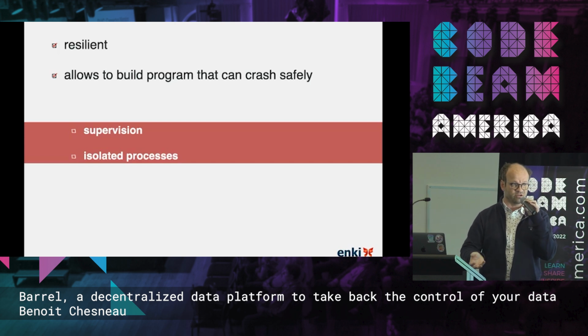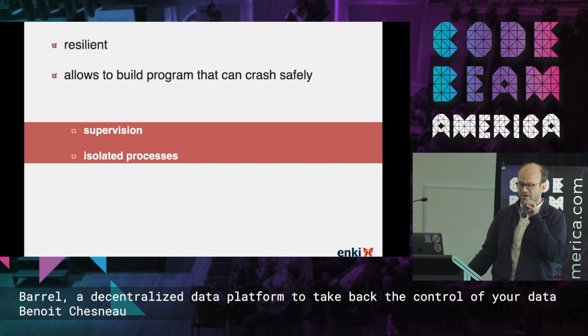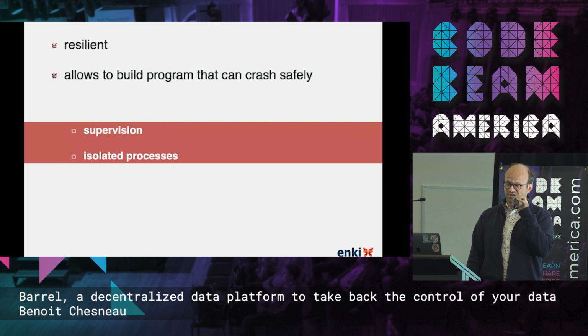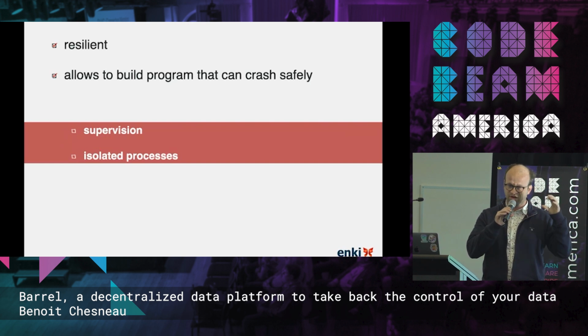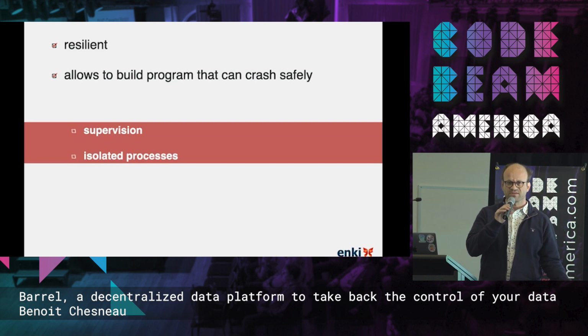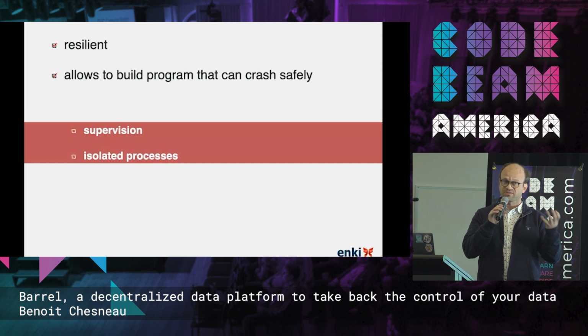The application handler allows you to monitor the application, load it, stop it, and upgrade it on the fly. That's pretty fun to play with, and you can build something that is able to restart your process if it crashes, or to terminate your process more easily, which is very important.